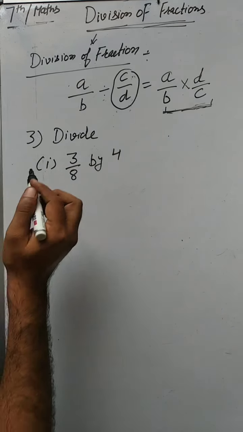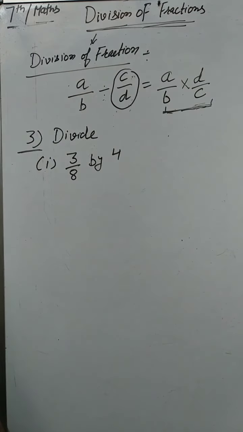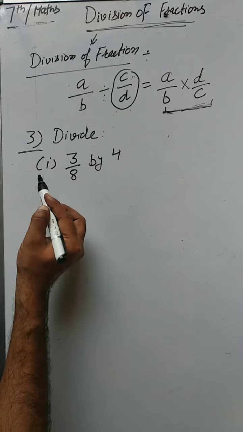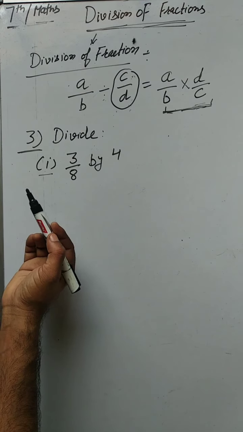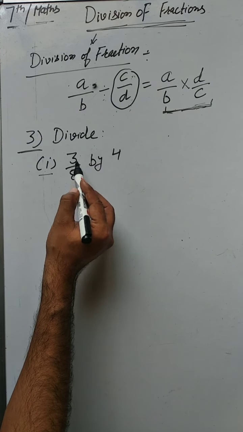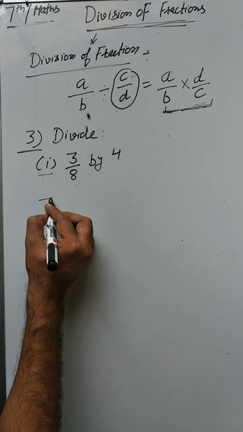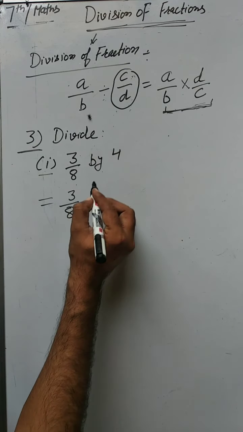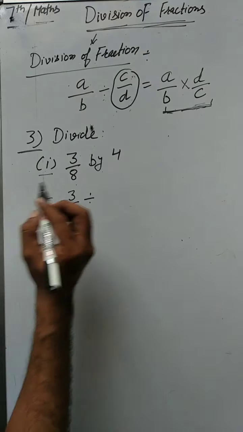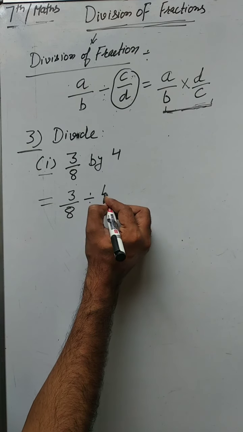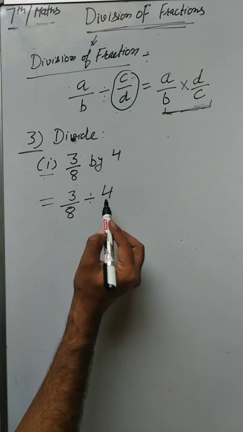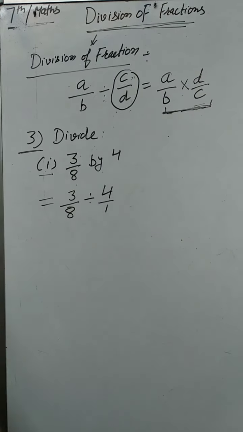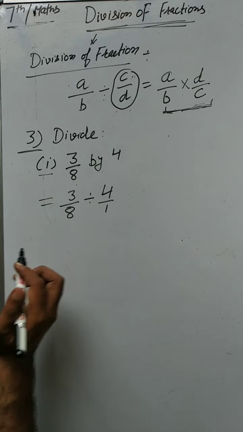Yes beta, your next question, question third, is the same as question second. Divide. I will discuss with you the first part of the third. You have to divide 3 upon 8 by 4. Now look here beta. 3 upon 8 by 4 means division here. You have to divide it with 4. Now look here. What is the denominator of 4 here? Nothing is written. That means its denominator is 1.